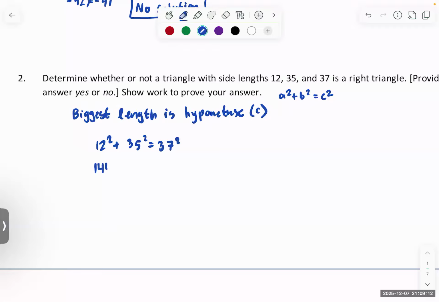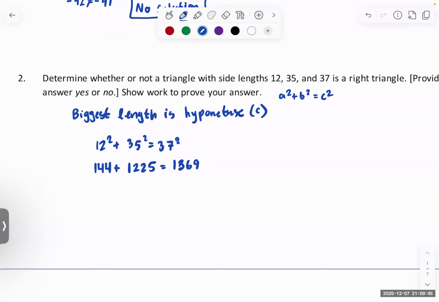So we got 144 plus, I don't know what 35 squared is. That is 1,225, equals, and now 37 squared, not 3 squared, 37 squared is 1,369.